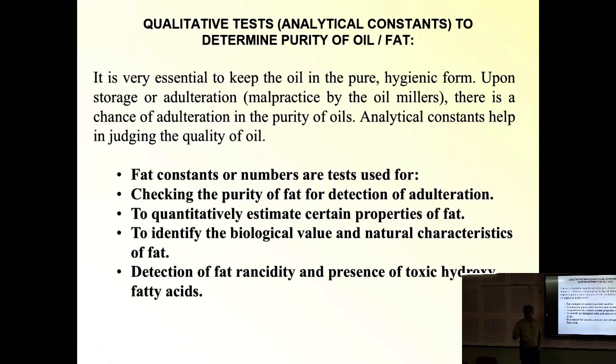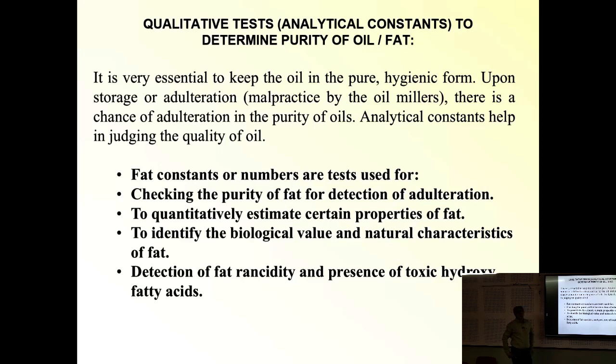Now, qualitative tests or analytical constants to determine the purity of oils and fats. There are certain chemical parameters that can determine the oil and fat. It is very essential to keep the oil in pure, hygienic conditions, and certain tests should be done for malpractices or adulterations also.